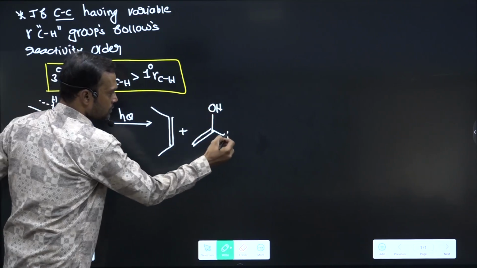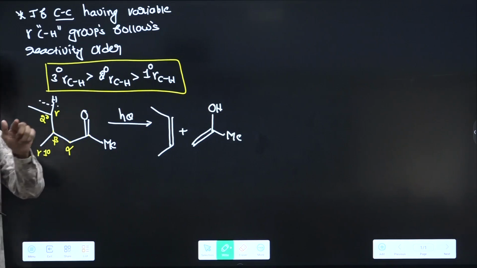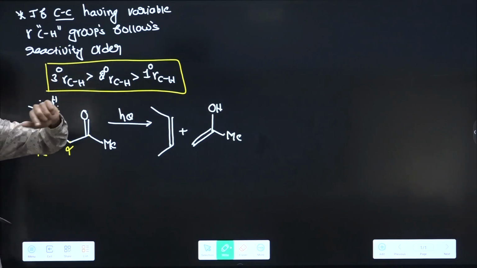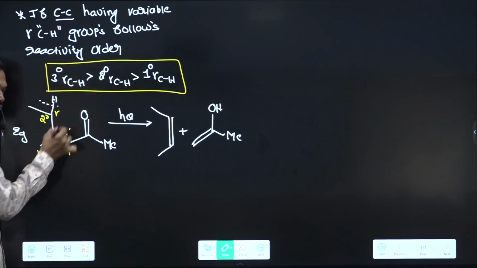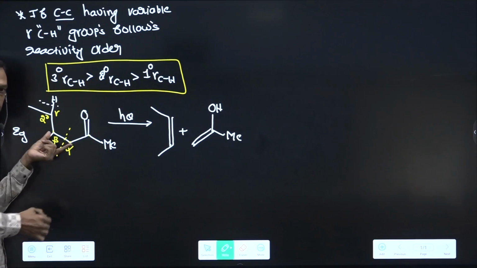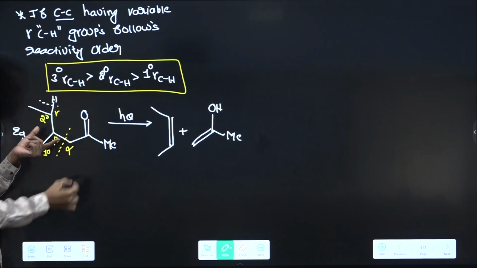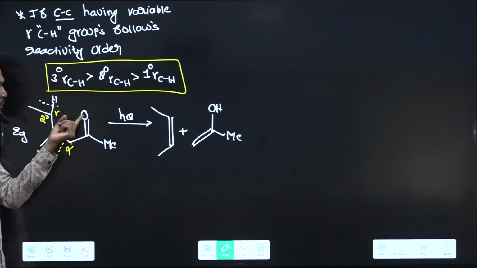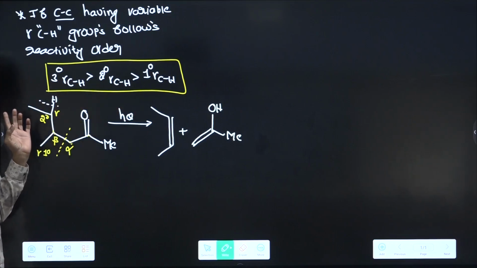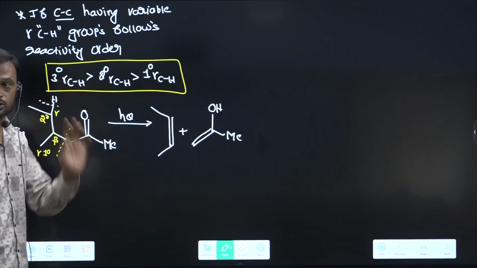Then you will get this answer. This is major. Clear? Try to write the answers fast. Apply the code: write the labeling alpha, beta, gamma. First break alpha-beta. After breaking, beta-gamma double bond, alpha-carbonyl double bond, and the carbonyl converts to OH. Target alpha-beta and your answer is over.